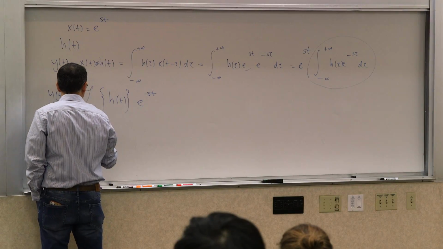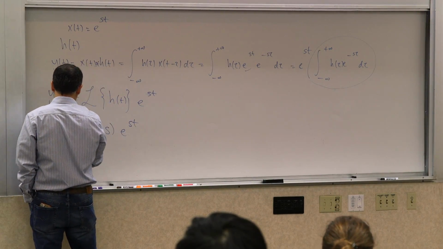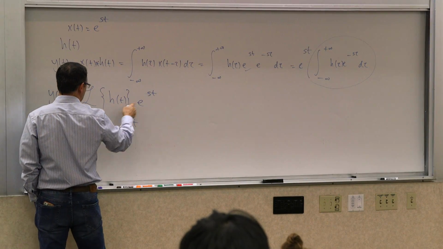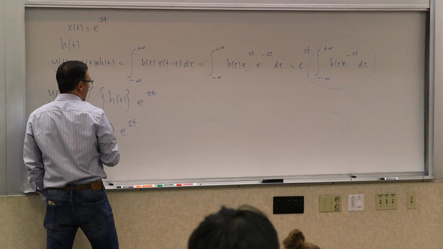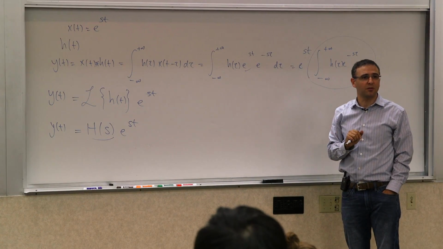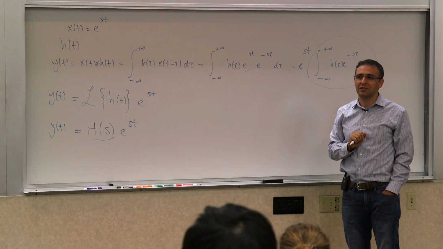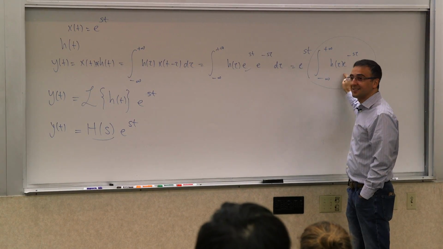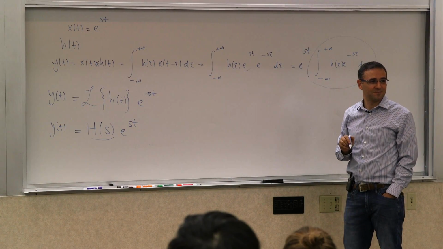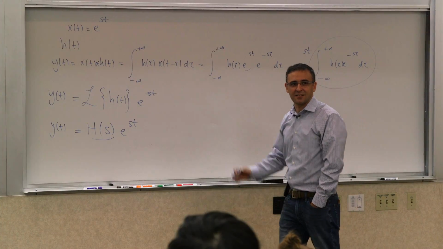We show it as H of s, so y of t is H of s e to the st. H of s determines the weight of this thing. This operation that we performed on the impulse response has a name. Does anyone know what this name is? What is this called? Laplace transform. That's what the Laplace transform is. That's it.